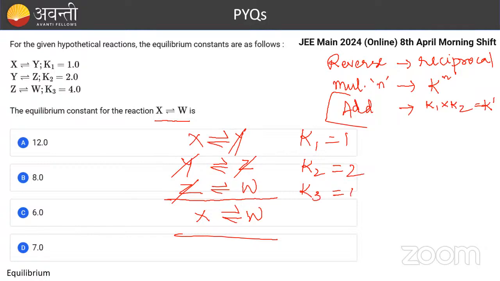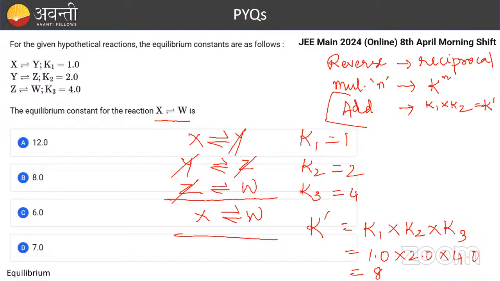To get the equilibrium constant for the required equation, K dash, we multiply K1 into K2 into K3. K1 is 1.0, K2 is 2.0 and K3 is 4.0, so K dash will be 8.0. So the equilibrium constant for the reaction X giving W is 8. Option B is the correct answer.